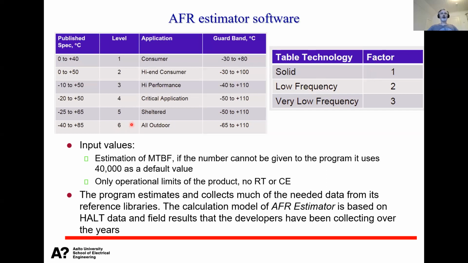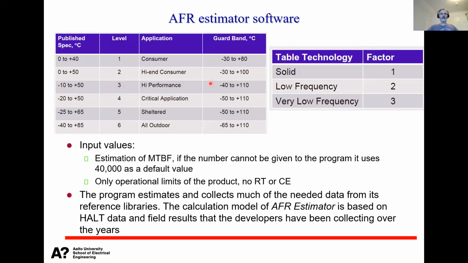So basically, it is based on the temperature specifications that your product has. Here are the use temperature specifications. If your product is specified as it should be operational between -10 to +50, then it is considered a high performance application, and you pick number 3.